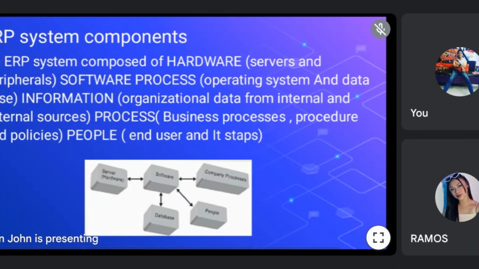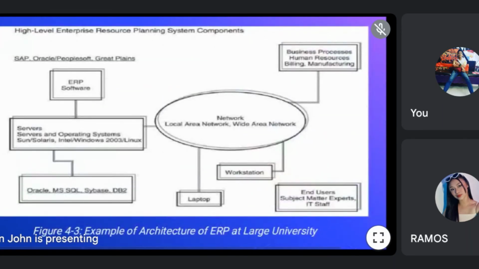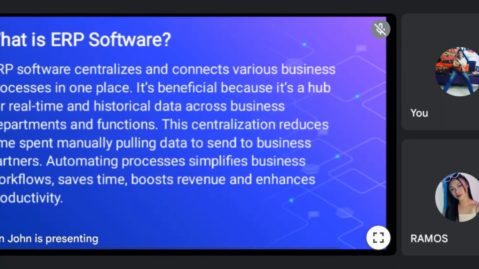Next. ERP software. What is ERP software? ERP software centralizes and connects various business processes in one place. It's beneficial because it's a hub for real-time and historical data across business departments and functions.